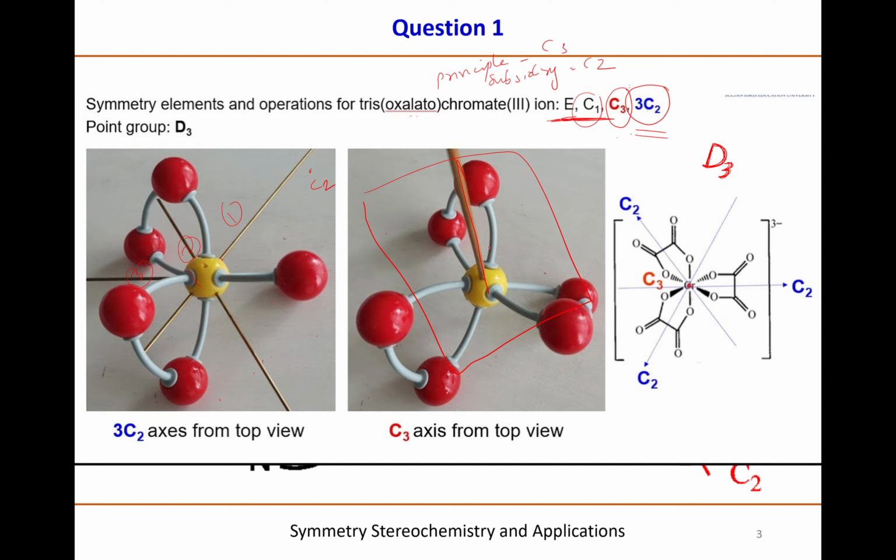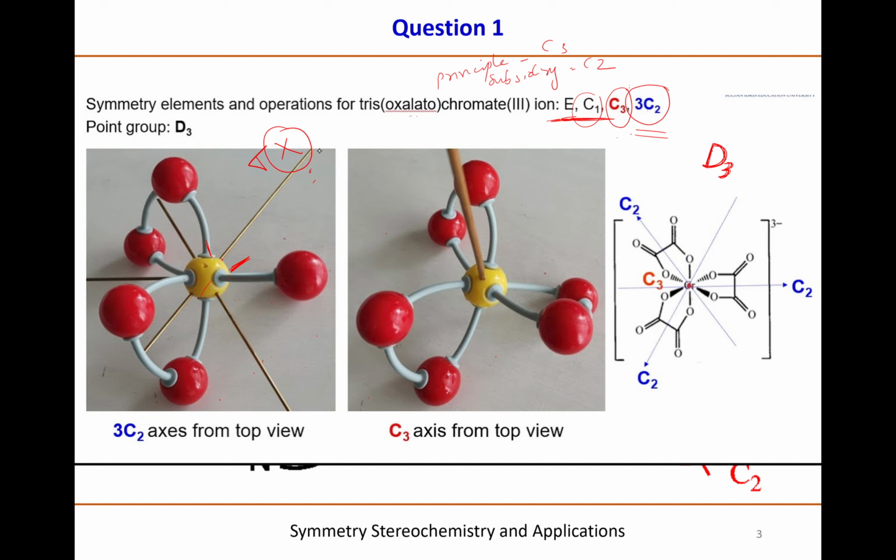Both sides are different, so this is not a plane of symmetry. Symmetry will not be present after passing the plane. If you pass the plane from the C2 axis side, again you will not get the same thing because this bond is on this side and this is on the other side. If you pass the plane, they will be on opposite sides, not the same side. So that's why the plane of symmetry is not present.